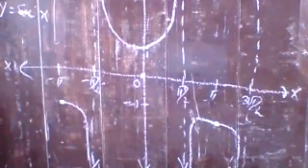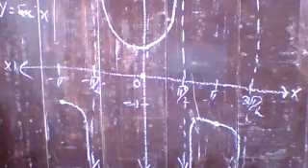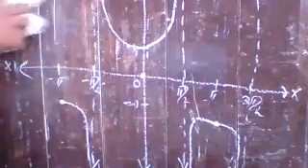Understand? Now, the next function is cosec x. Yes, y is equal to cosec x. First, check for which points cosec x is not defined.